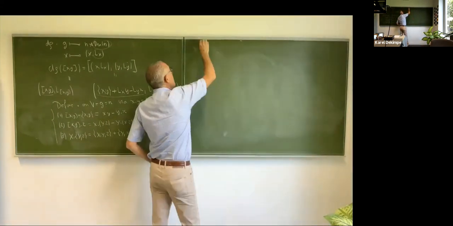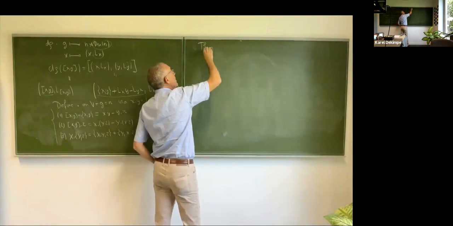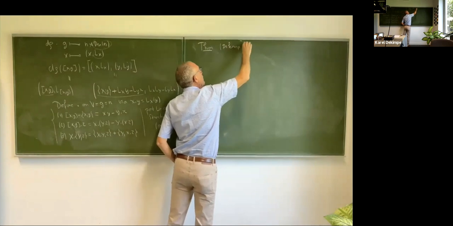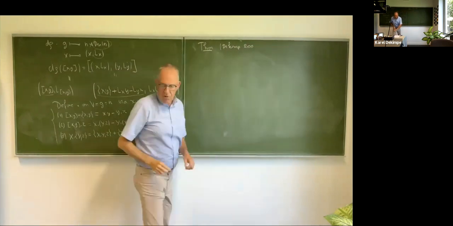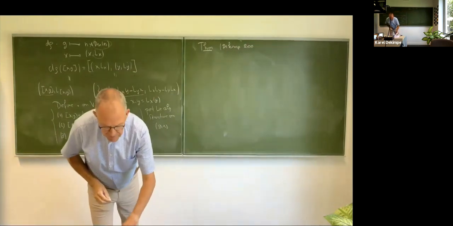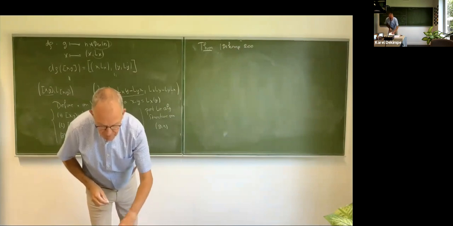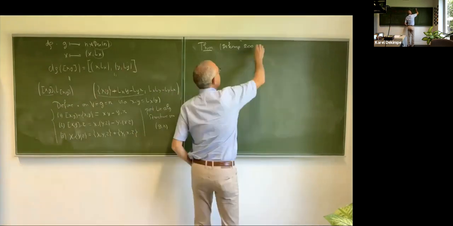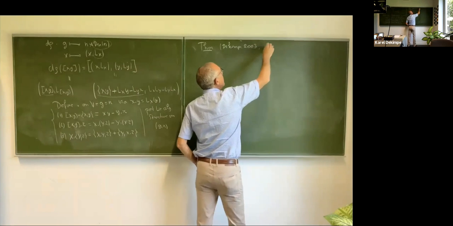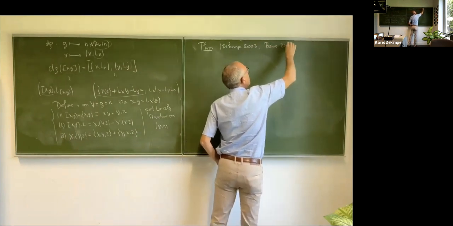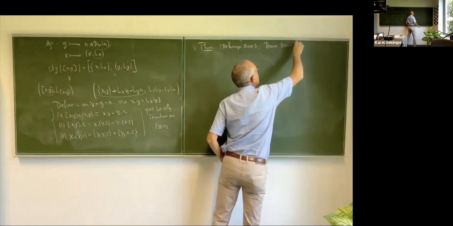So this is a kind of theorem that I proved, I think, in 2003. Let me have a look. Yes, I proved this in 2003, and somehow a totally alternative proof was given by Oliver Bowers in 2004.